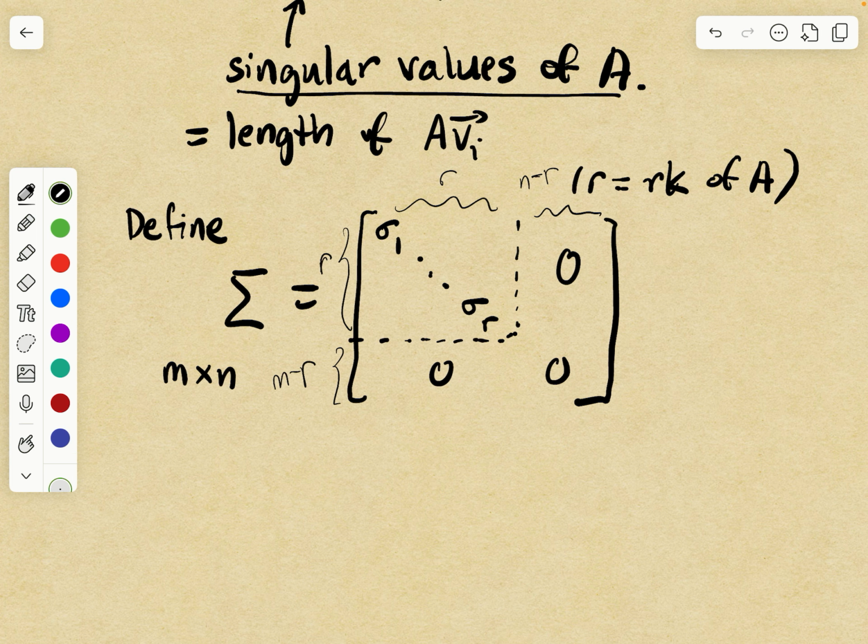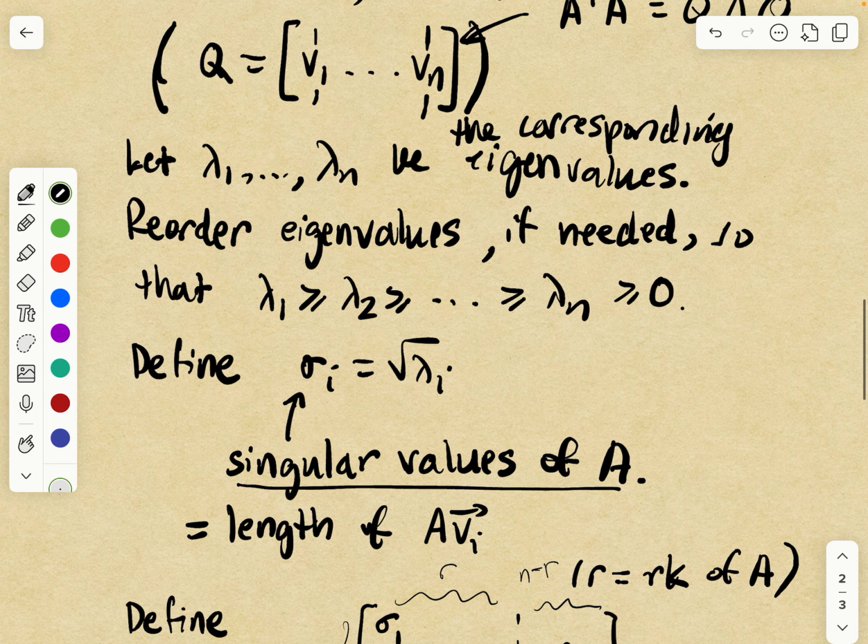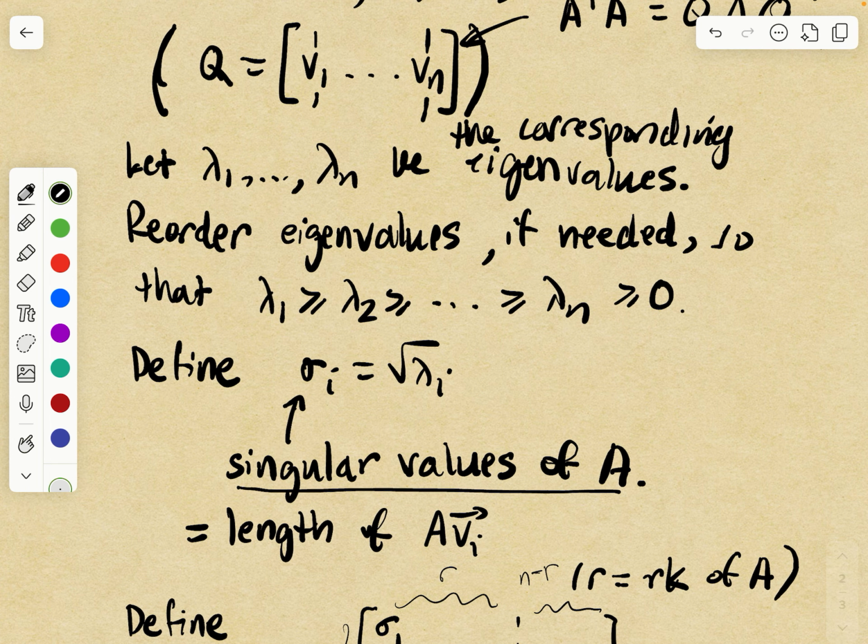So why does it go from sigma 1 to sigma r? The point is that when you're listing these n eigenvalues, you're listing them with multiplicity. So some of the eigenvalues might be repeated. For instance, if you had the n by n identity matrix, your lambda 1 to lambda n would just all be 1.